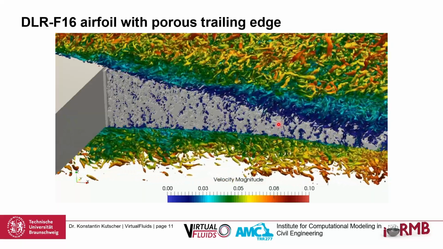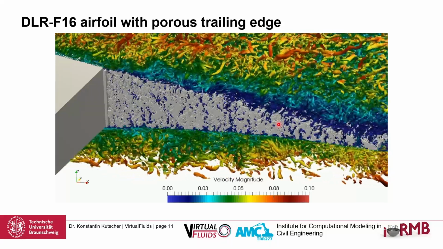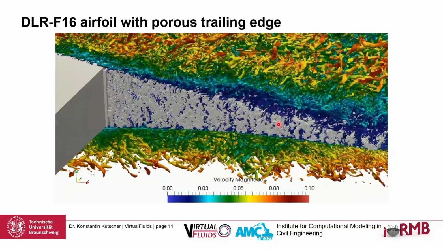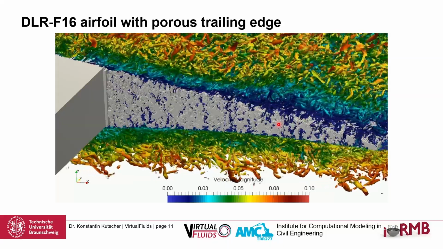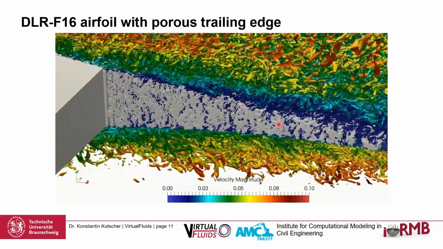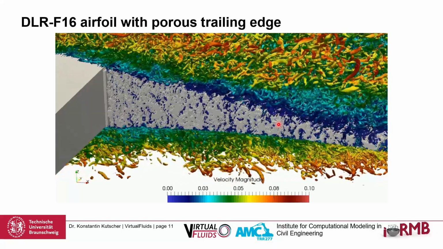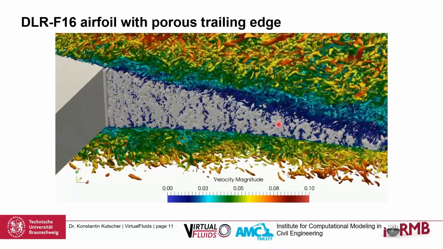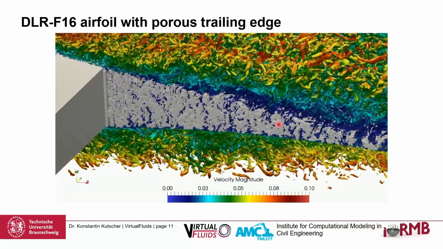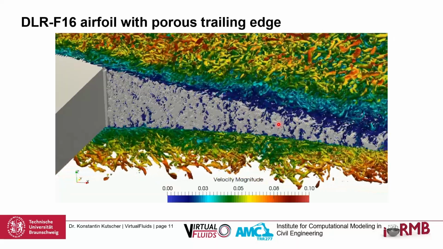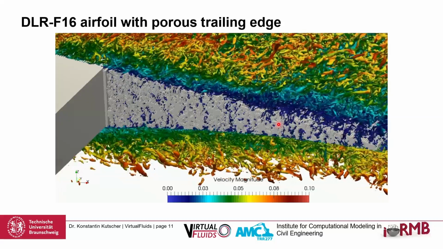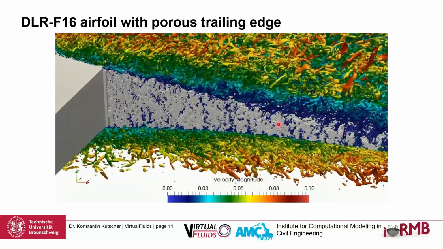Okay, everything is resolved. You said the holes in this porous media, what was the size of those? The pore size was about 80 micrometer, and the length of the wing, this airfoil, was about 30 centimeter.